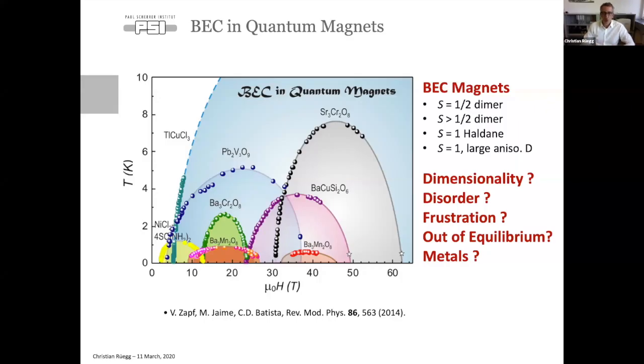You could also talk about disorder in the bosons, and I could quickly mention this. Frustration is important, out of equilibrium is very exciting. And finally, we could also think to do the same thing and go across a metal-insulator transition as well, where the charge gap comes down in a system. And so there is an entire framework there.